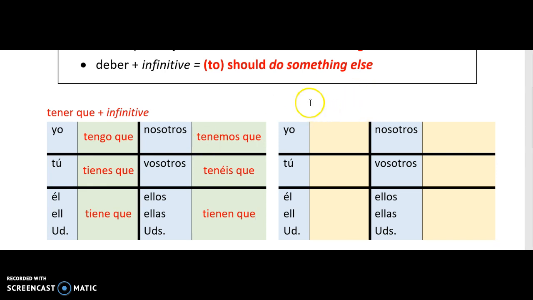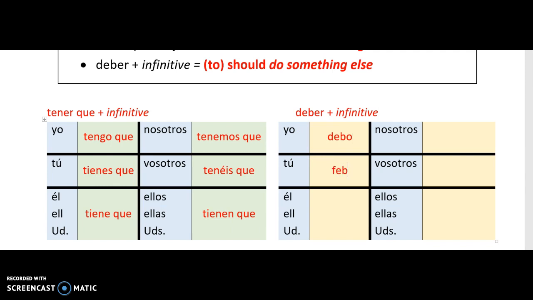Over here, let's talk about deber. So deber plus an infinitive. So something's always going to follow this. Talking about what we should do or what we ought to do. So yo debo. It's a regular old ER verb.